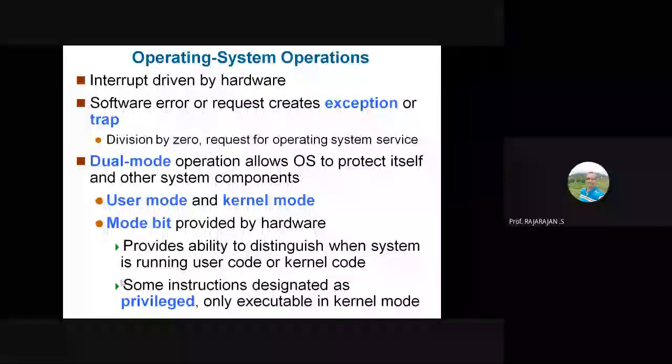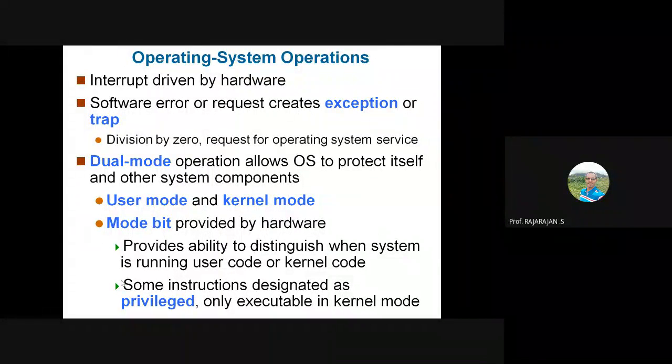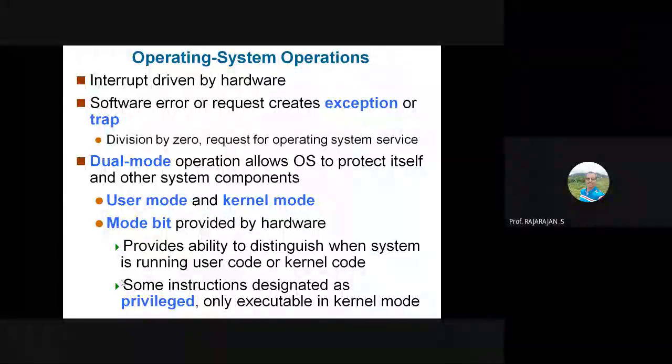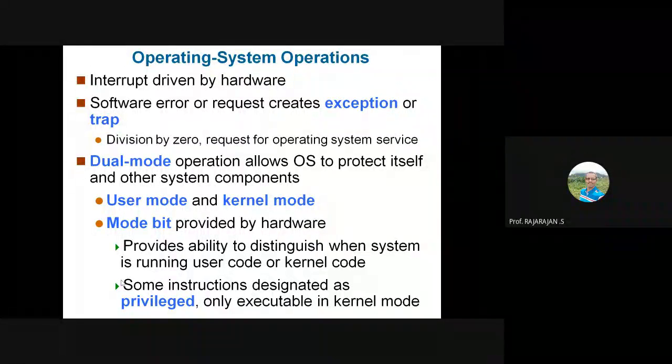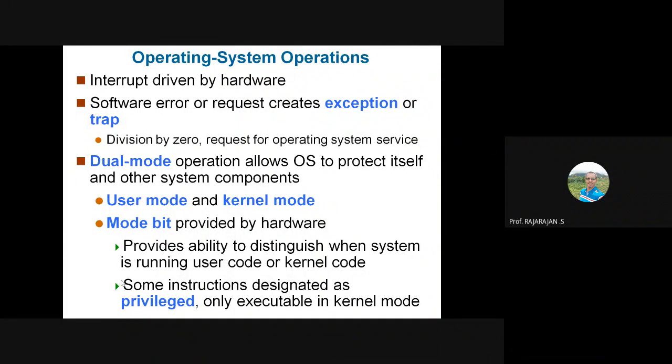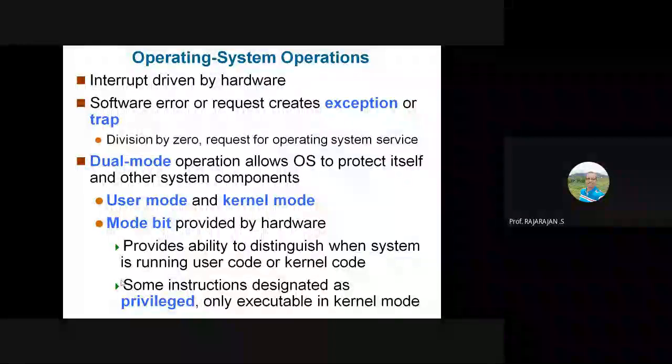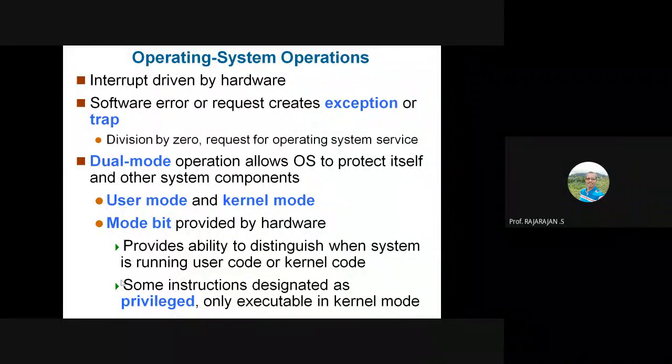So dual mode operation is a protection mechanism. What is dual mode operation? It's a way to protect the computer. How it protects is that the main memory comprises many things. It has the operating system, and it also has all the other user processes.